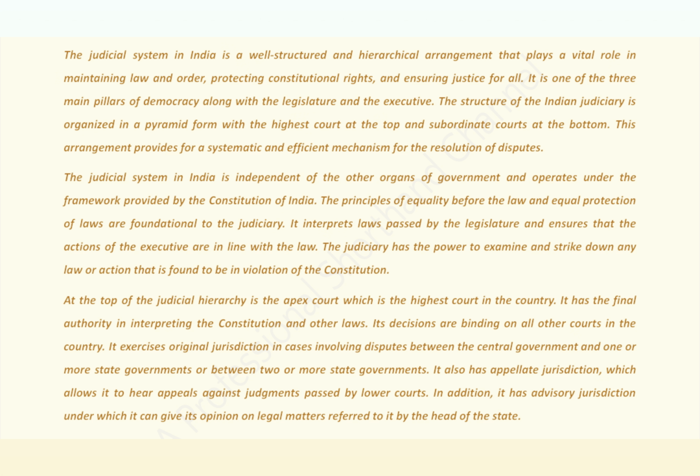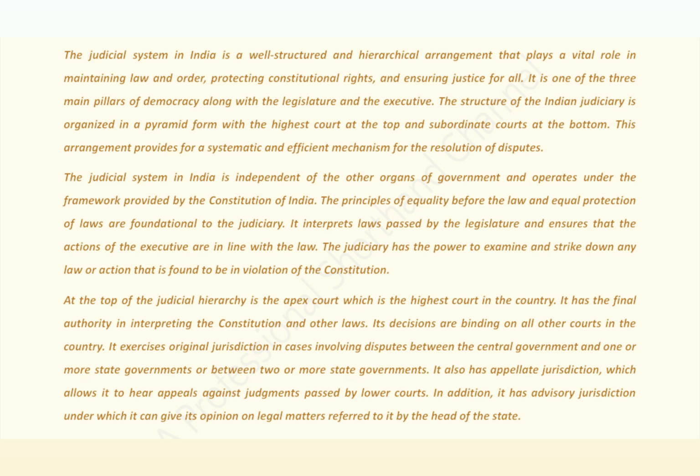At the top of the judicial hierarchy is the apex court, which is the highest court in the country. It has the final authority in interpreting the Constitution and other laws. Its decisions are binding on all other courts in the country. It exercises original jurisdiction in cases involving disputes between the central government and one or more state governments or between two or more state governments.